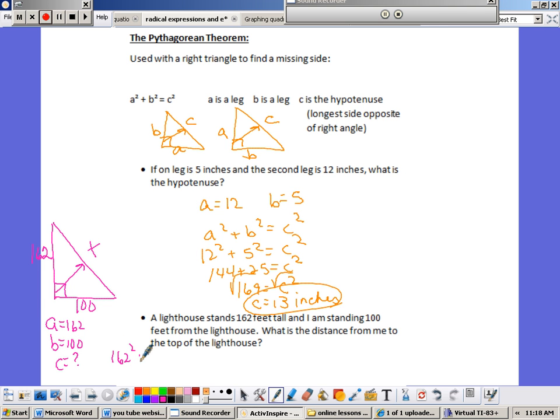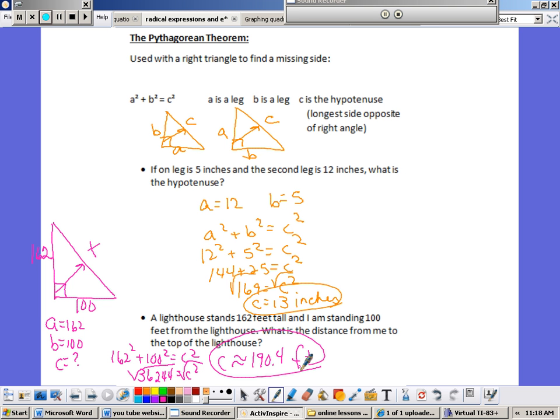So 162 squared plus 100 squared equals C squared. 162 squared plus 100 squared is 36,244. C squared, square root that answer. C is approximately 190.4, and let's look at the label, feet. So I'm approximately 190.4 feet away.